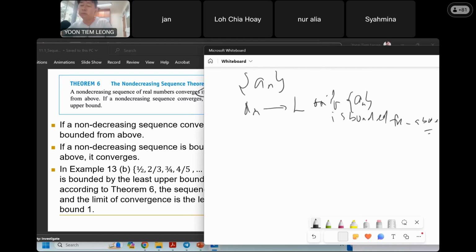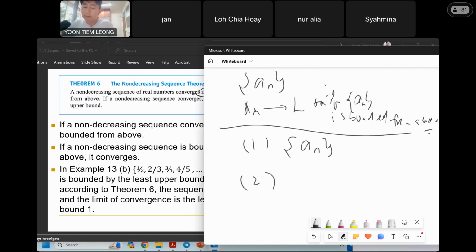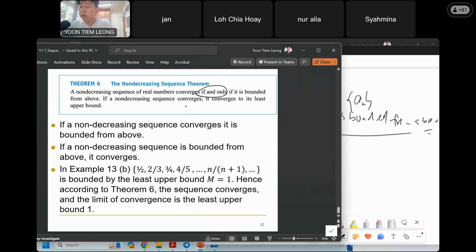This theorem is actually divided into two sections. The first section is that if you have a non-decreasing sequence and it is bounded from above, then the sequence has a limit. The second part is the opposite: if the sequence has a limit, then it is bounded from above. So that is what is meant by if and only if.